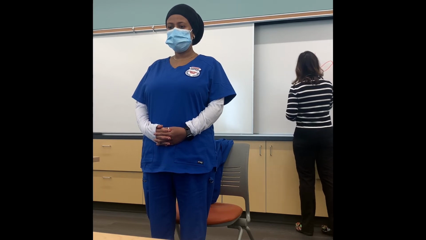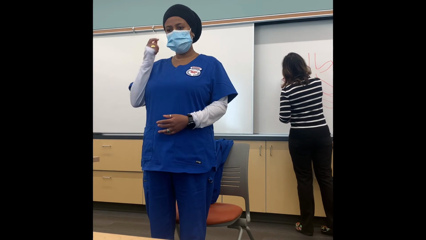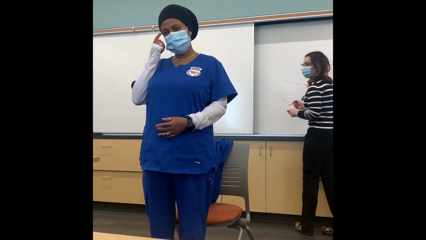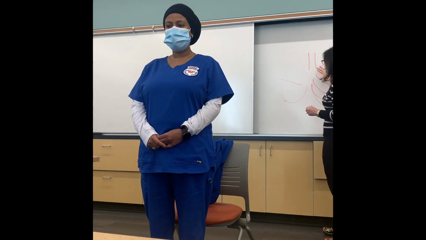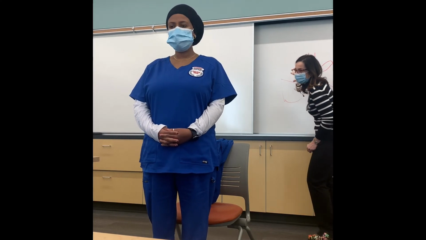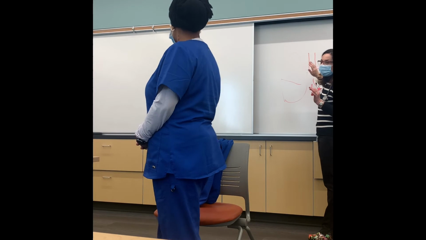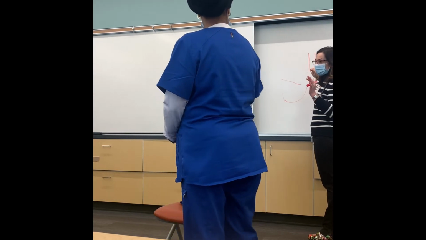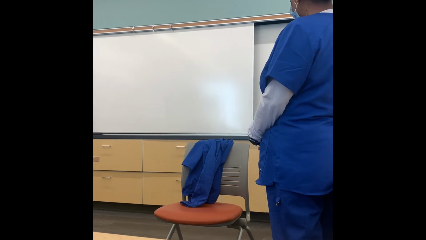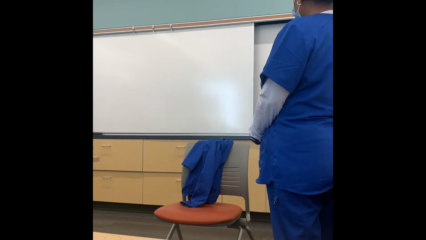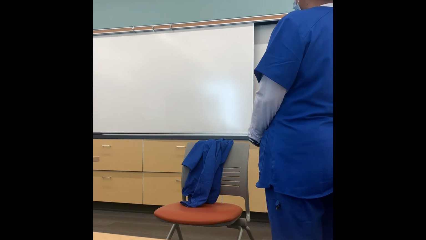All right, so this is my attempt at an illustration of the anatomy of the right lung. What I'm trying to have you visualize is that on the right lung, because there are 3 lobes, it branches differently than on the left side.